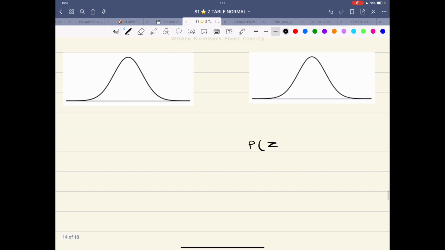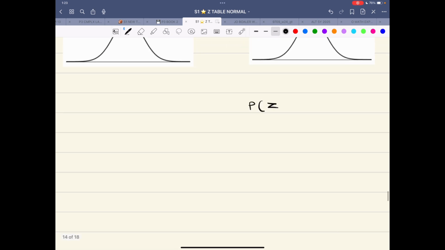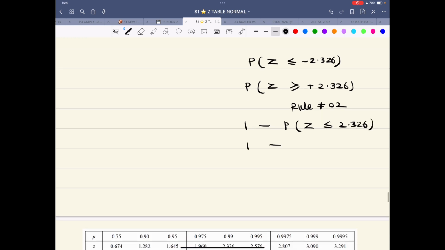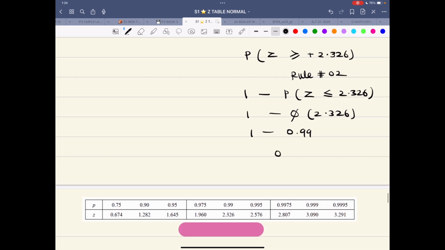So Z is lesser than or equal to negative 2.326. I'll first write this as Z is greater than or equal to positive 2.326, which is rule number 2. And this is 1 minus probability Z less than or equal to 2.326, which is 1 minus phi of 2.326, which is 1 minus 99% in decimal. That comes out to be 0.01 or 1%.